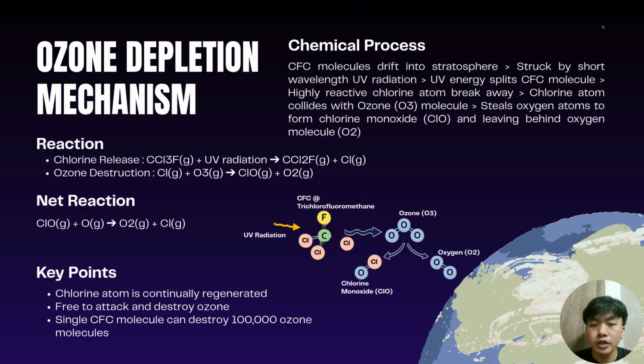The net reaction is ClO plus O equals O2 plus Cl. The key points here are that the chlorine atom is continually regenerated and is free to attack and destroy ozone, and a single CFC molecule can destroy up to 100,000 ozone molecules.